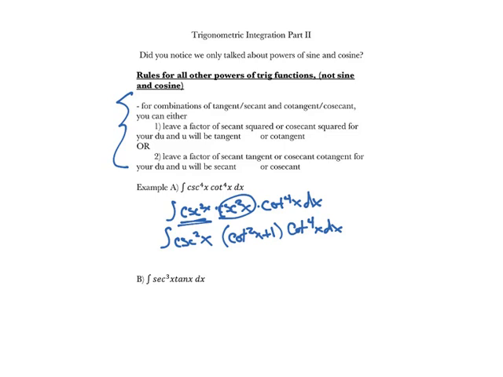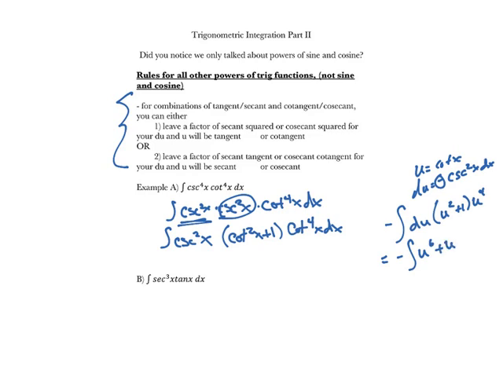So, if u is cotangent x, then du would be negative cosecant squared x dx. So the only thing I have to account for is that negative. So I would have a negative the integral of u squared plus 1 times u to the fourth du. When I integrate that, if I distribute, it's negative the integral of u to the sixth plus u to the fourth du.